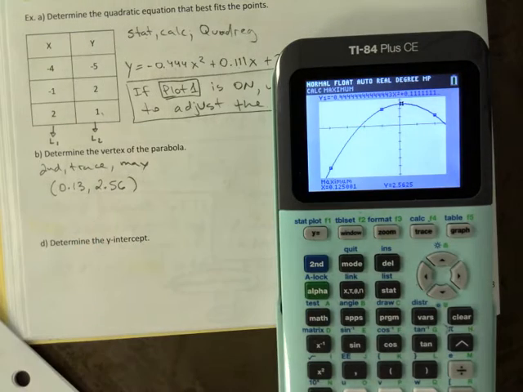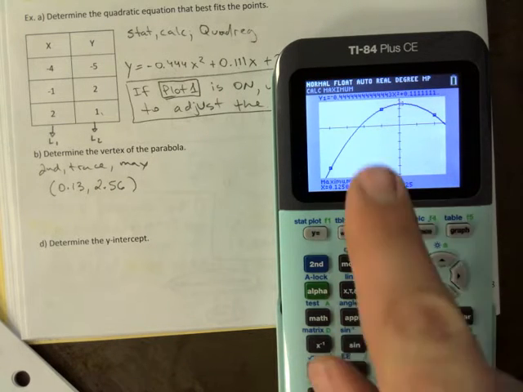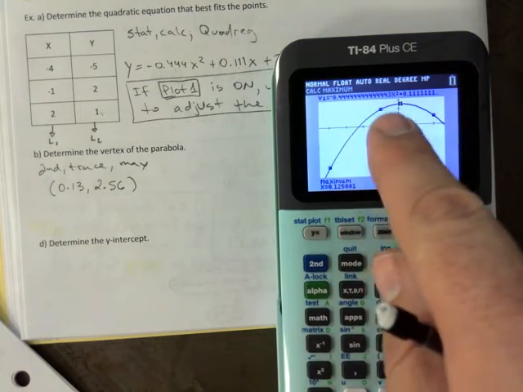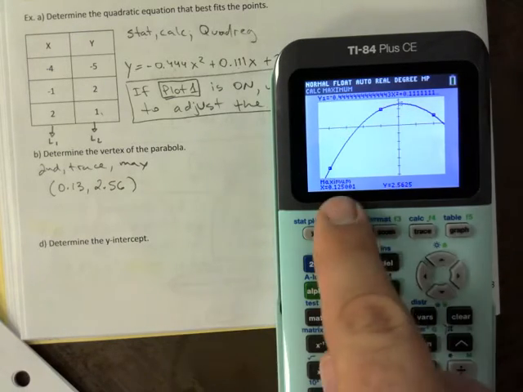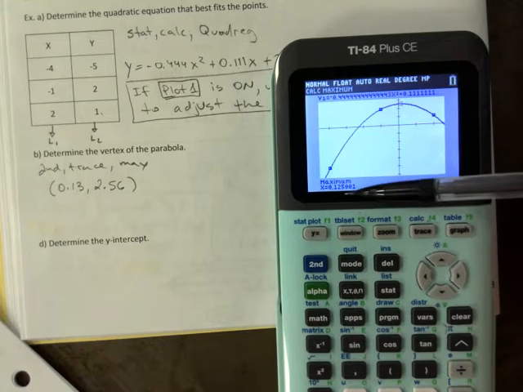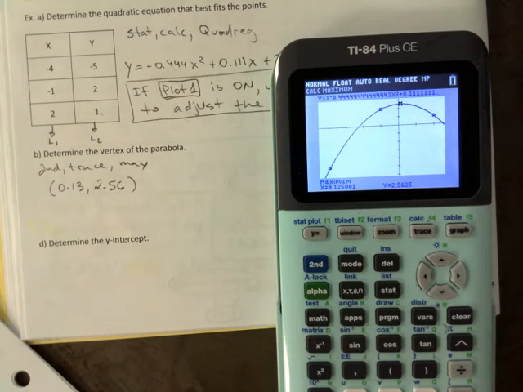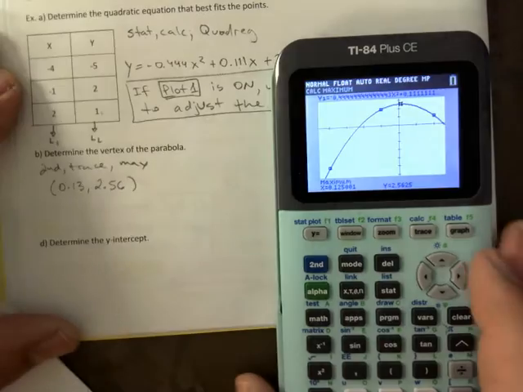That would be the coordinates of your vertex. So when you give me the vertex, I will not accept if you kind of hover over there manually with the cursor and say, yeah, I think it's about there. You need to see, right? It tells me that the max is here, okay? So you use the functions of your calculator.